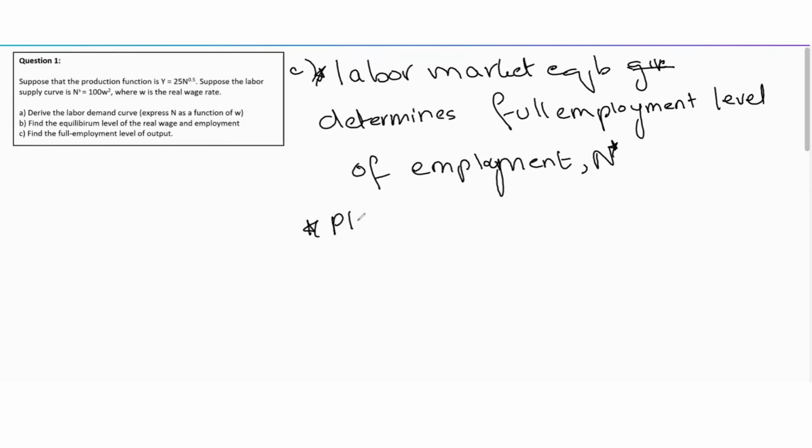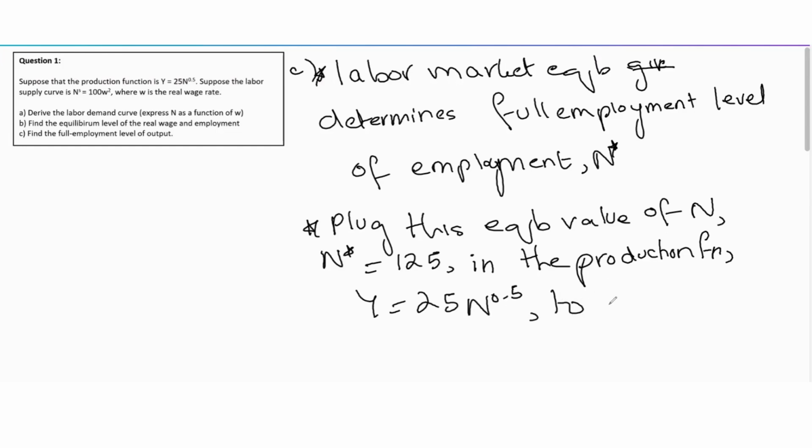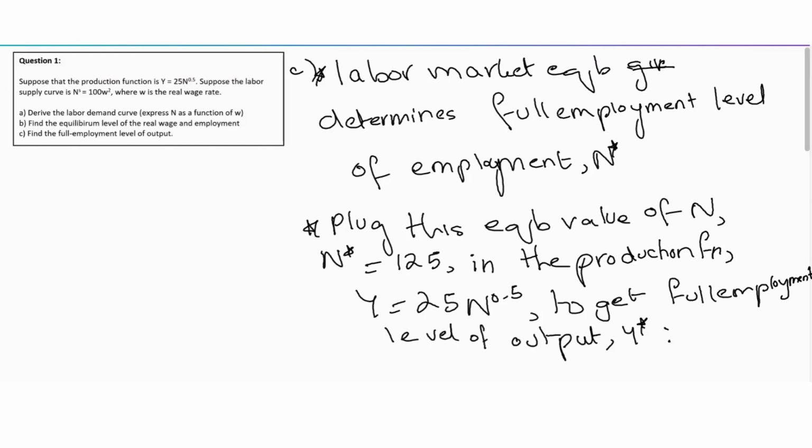So now if we plug this equilibrium value of N, which we know N star is 125 in this case, into the production function, which is Y equals 25 N to the power 0.5, you get the full employment level of output, Y star.